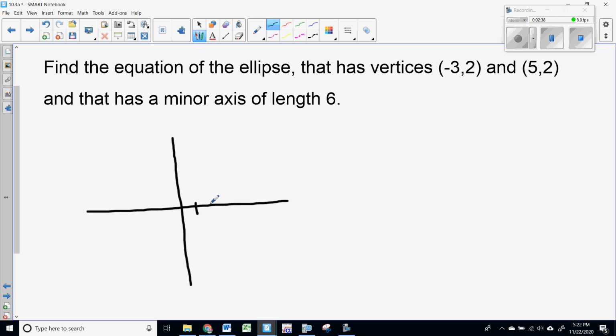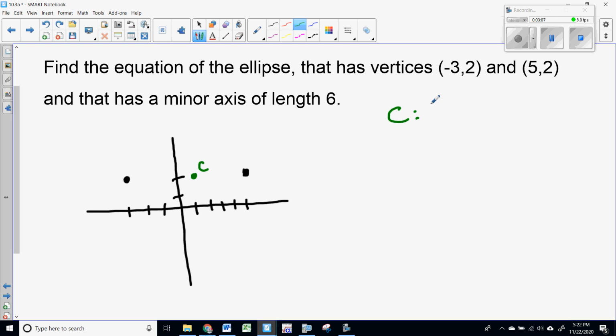We have a vertex at (5, 2), there's our one vertex, and (-3, 2) is our other vertex. That tells us that our center is at (1, 2). So it's similar to the one we looked at last week, but a little different.